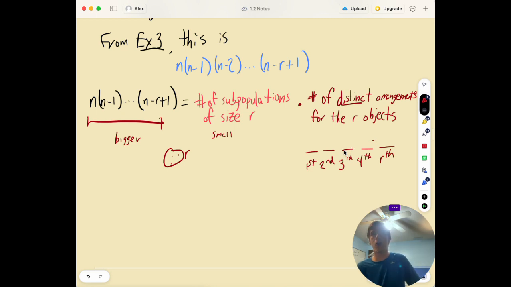If you take r objects and arrange one of them in the first slot, there are r of them to choose from. Then there's one less to choose from, so for the second slot you have r minus 1 options. The third one, you have r minus 2 options, and so on and so forth until the rth position is the last one, which means you only have one object left to put there.